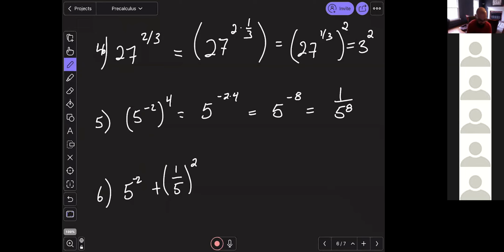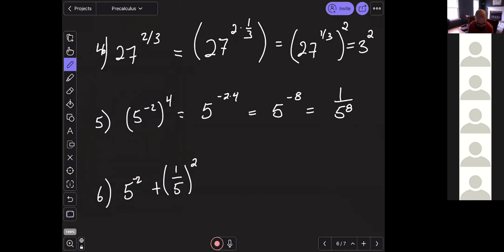Depending on what we're looking for, sometimes viewing it one way is a lot simpler than another, and sometimes viewing 3 squared is a lot simpler. The purpose of these exercises is to get us thinking about exponents and how we manage them as we move forward.